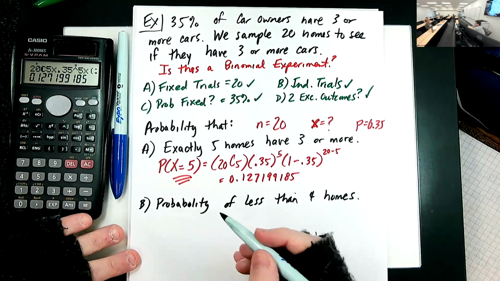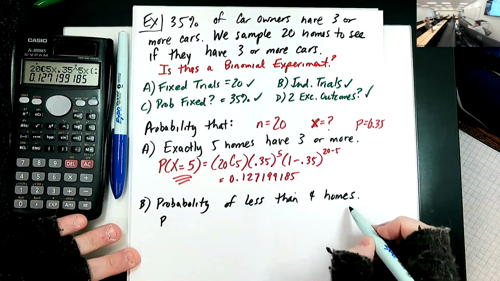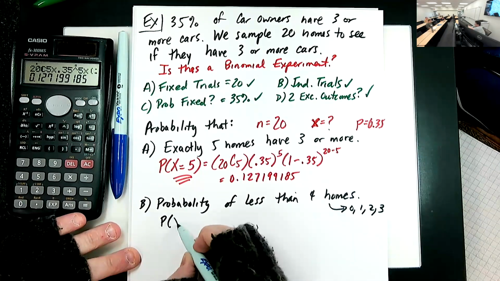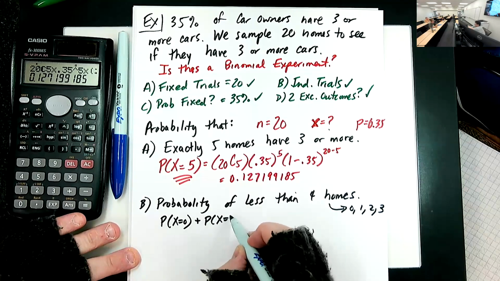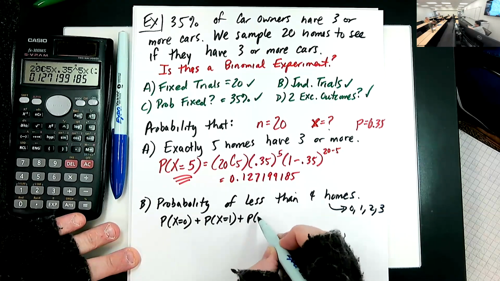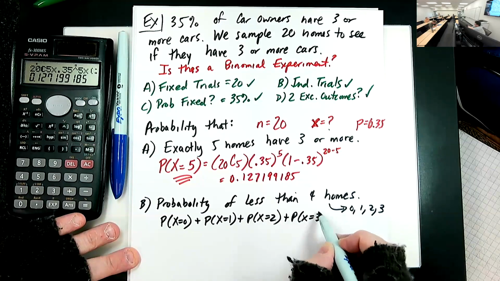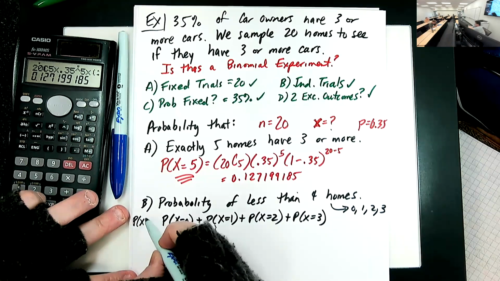Which means if I were going to do it by hand, less than 4 is 0, 1, 2, and 3. If I go by hand, I've got to do each of these. That's the probability that X is less than 4.